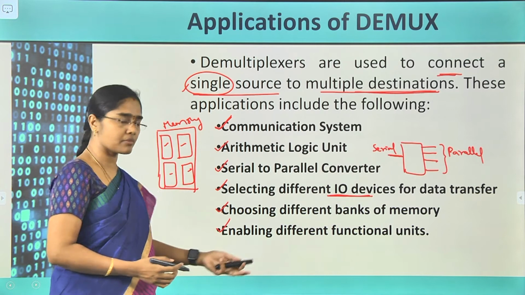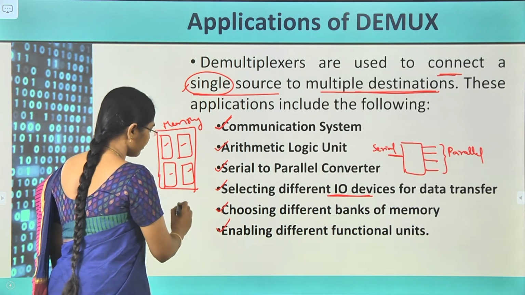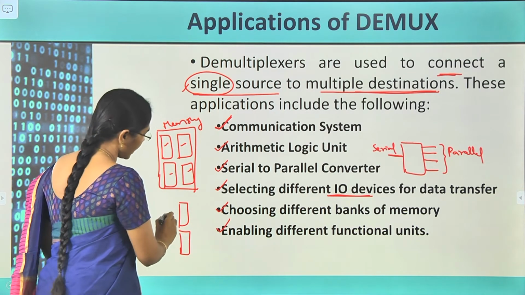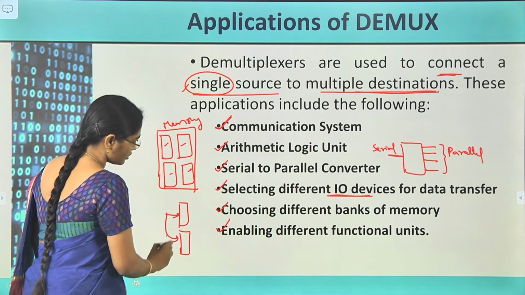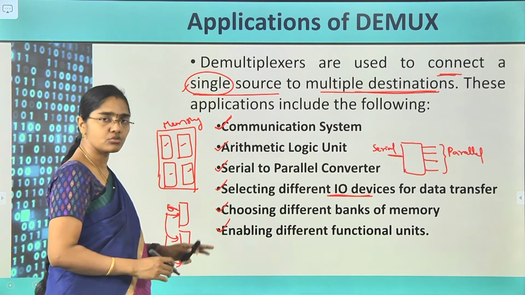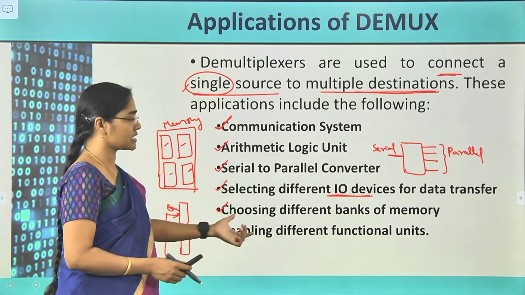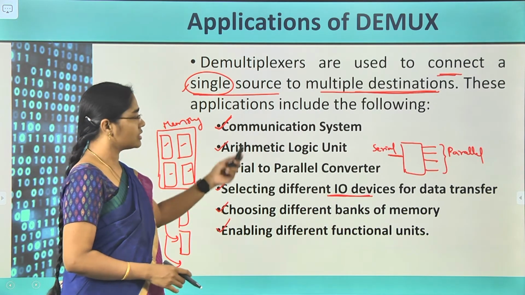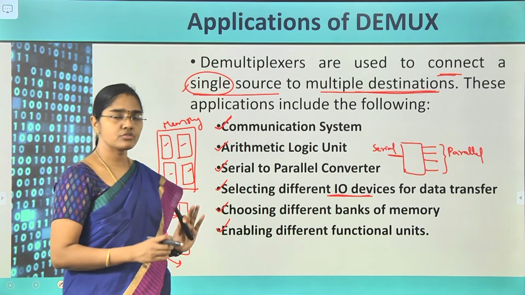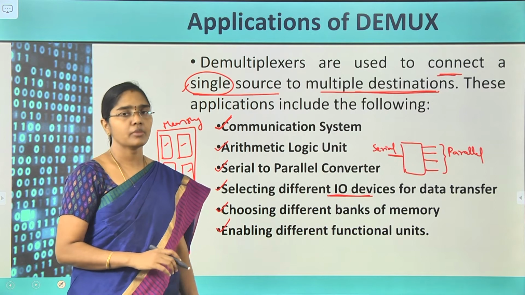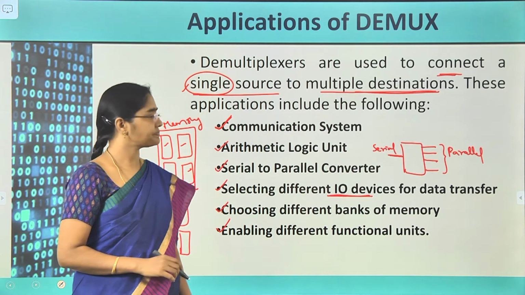Similar to the earlier example, if we have different devices and you want to give an enable signal to all those devices, this demultiplexer will be used in our processors. So this demultiplexer is used everywhere whenever a single source wants to be connected to multiple destinations.